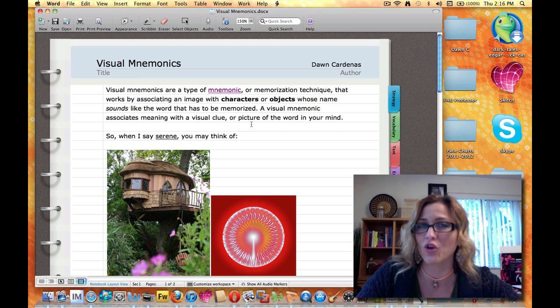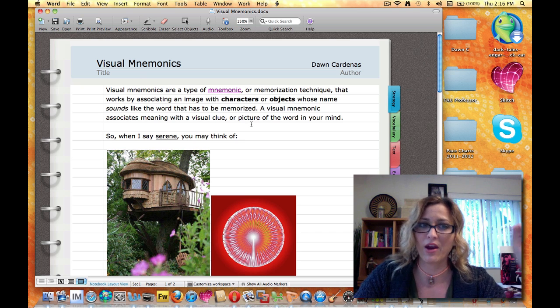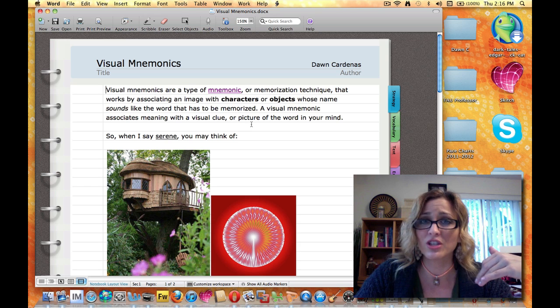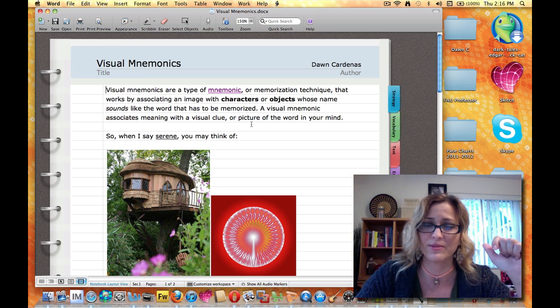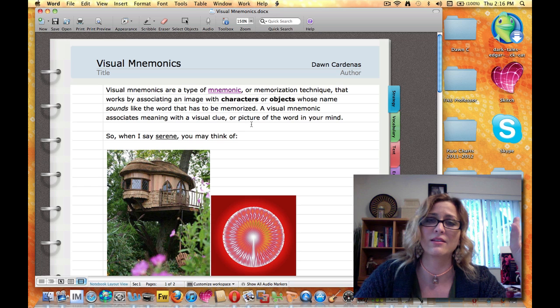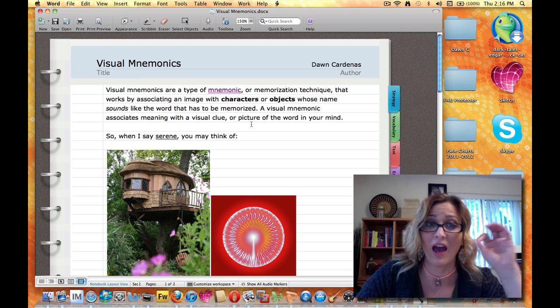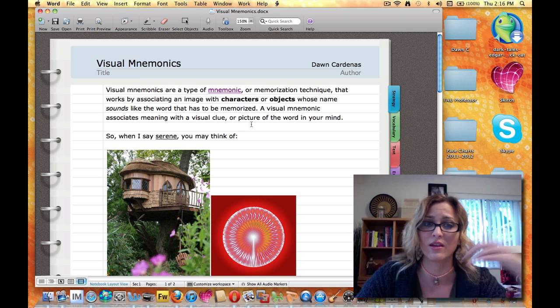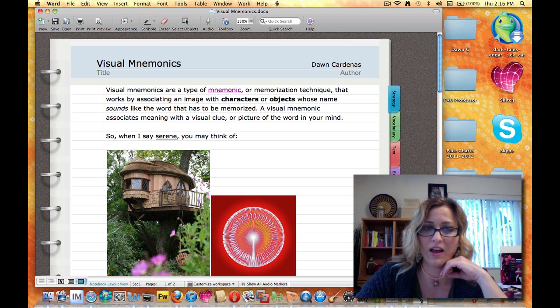Maybe you can't draw it as well as you can picture it, but I like looking for images online that I can pair with a vocabulary word if a student's having trouble. The easiest way to do that is in Google Images or in all the different social media sharing places. You put in the word serene and you'll get tens of thousands of pictures that have that word attached to it.